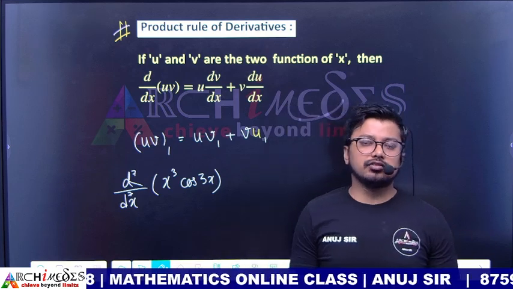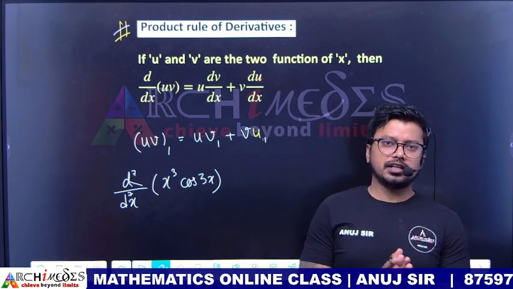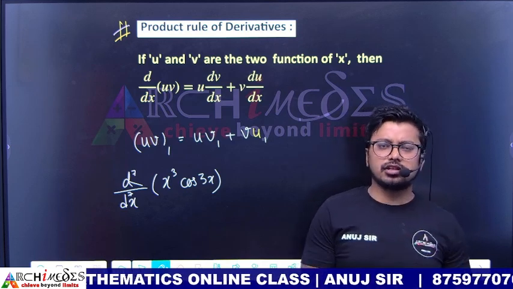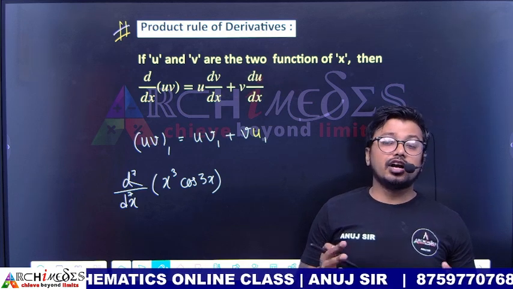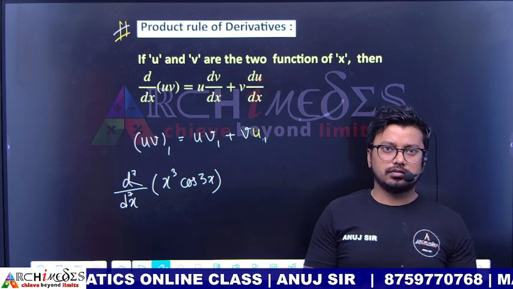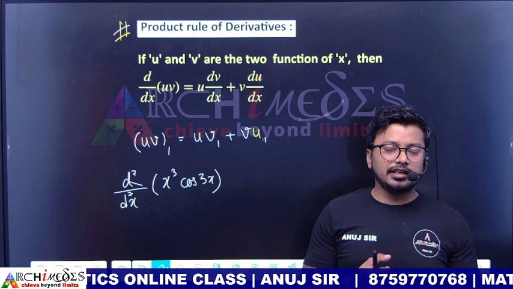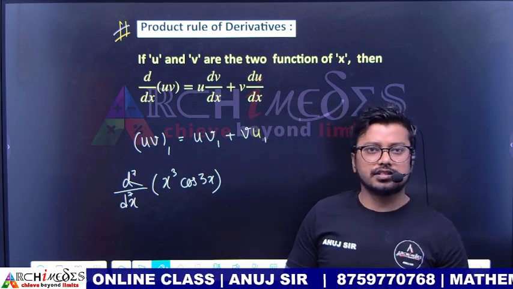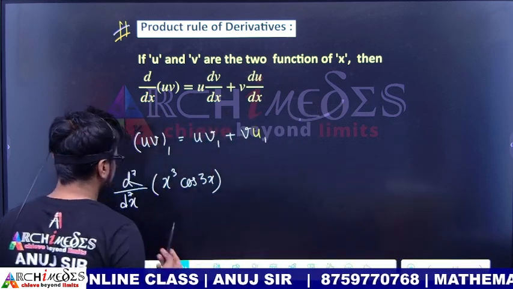So that's the reason why we need Leibniz theorem. In class 12 we applied it for first and second order derivatives. But if there is a product of functions and we are finding up to nth derivatives, more than 2, then Leibniz theorem will help you solve fast. Clear? So now listen carefully.